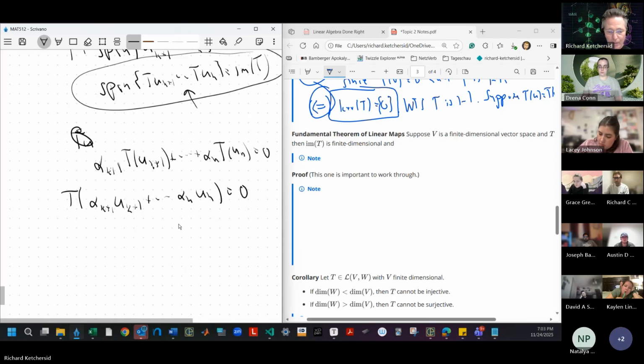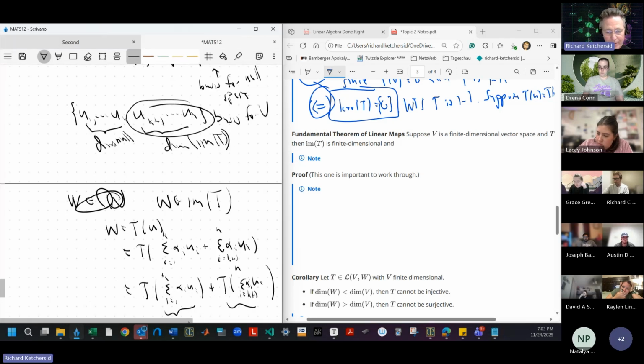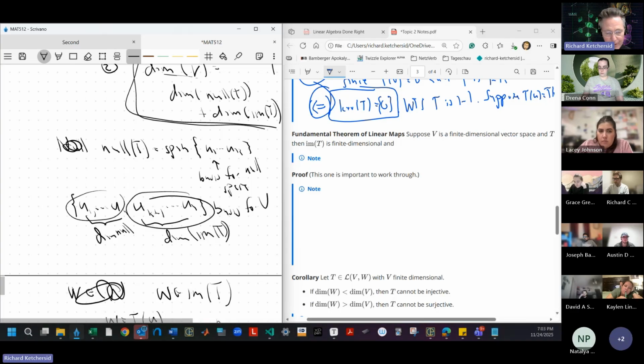Okay, but what does that mean? That means this thing here, which is a linear combination of those vectors, is in the kernel. But if you look at how these were picked, there's the thing spanning the kernel, and these are the other things linearly independent. The span of this set intersect the span of this is actually just the 0 vector.